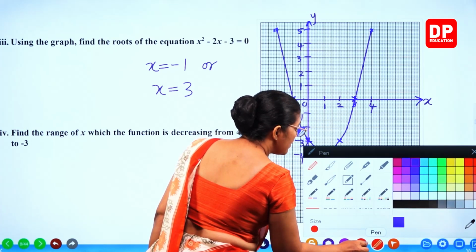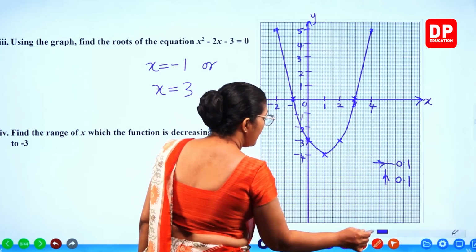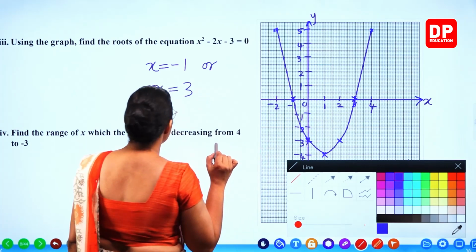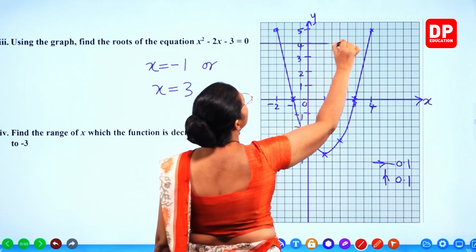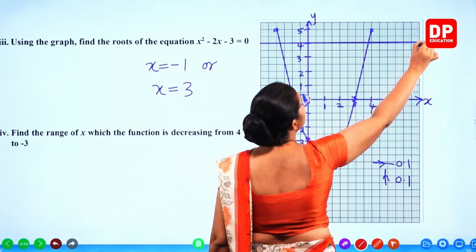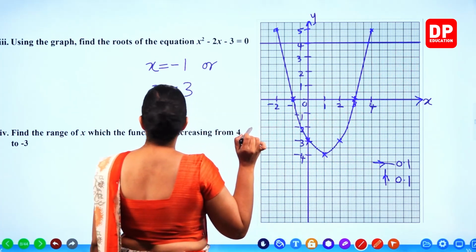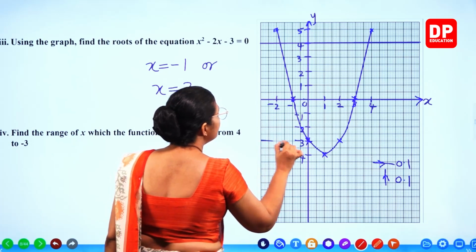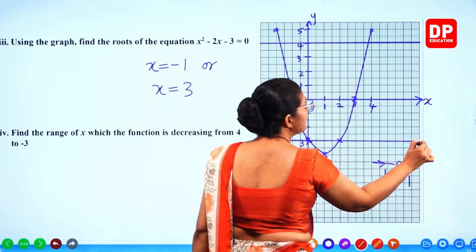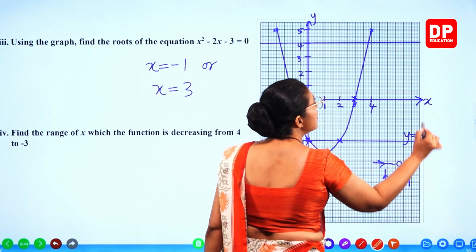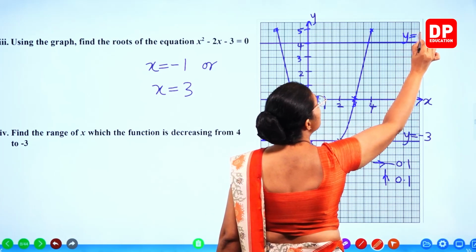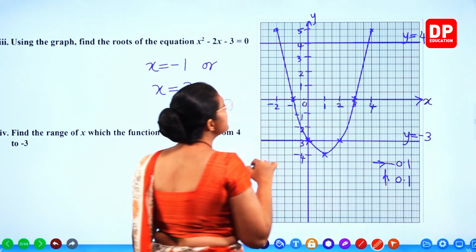So let's draw the lines and see. y equals 4. Here 2. This is y equals 4 line. And y equals minus 3. This line.